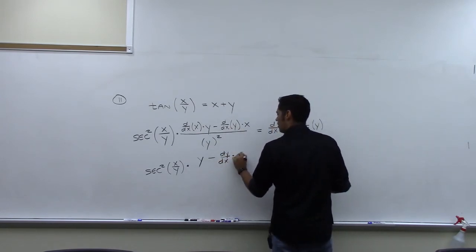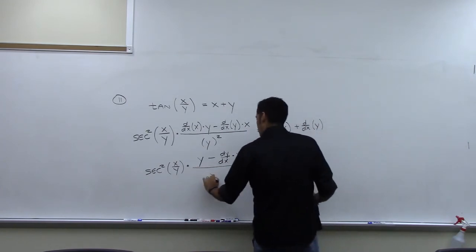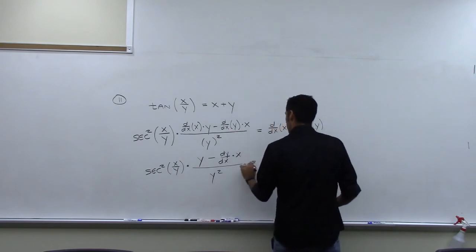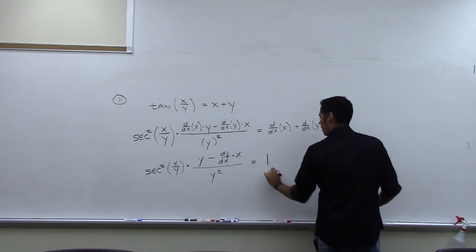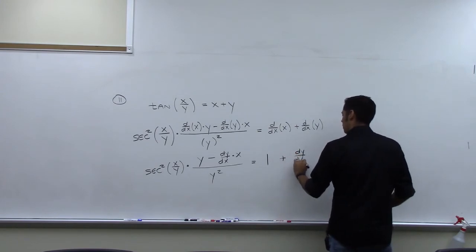And then times x still, to finish off the quotient there, all over y squared. And this equals the derivative of x with respect to x is 1, and then derivative of y with respect to x is dy dx.